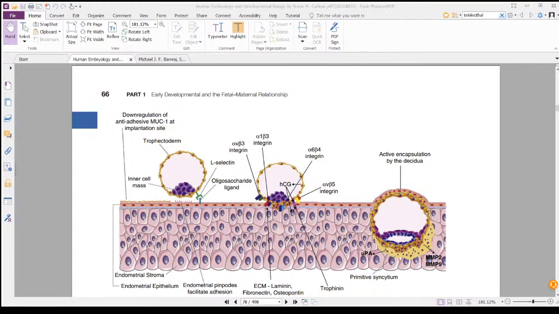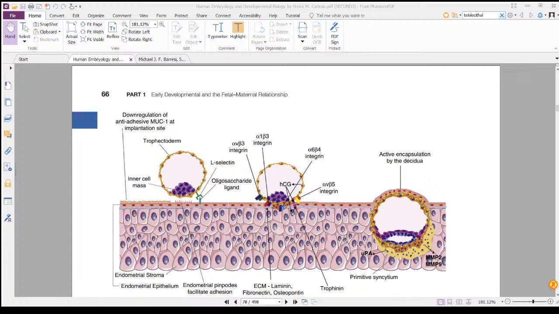So they express a lot of various adhesion molecules, integrins, selectins, that allow implantation to occur in a very narrow window, because the implantation window is of how many hours? 20 to 24 hours in the ideal menstrual cycle.